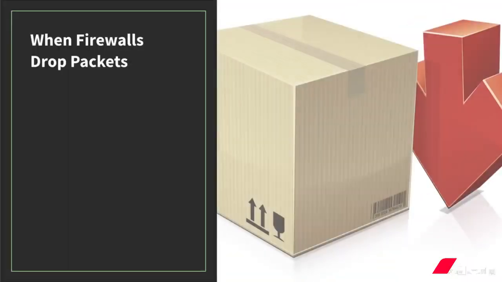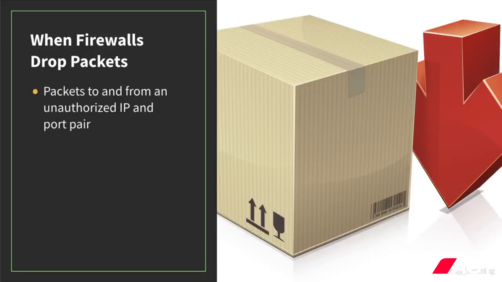Firewalls drop packets when they're going to or originating from an unauthorized IP and port combination. Think of a firewall protecting a dedicated web server. The firewall will reject any packet whose destination port number is anything other than 80 and record the incident.